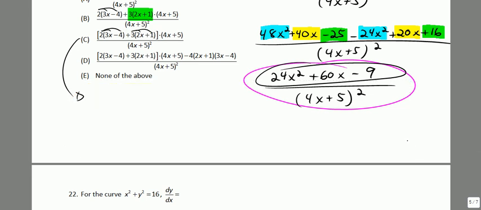But just to show that I'm not being lazy about it, I'm going to work out D real quick. So this piece in yellow is going to become, let's see, 6x's and 6x's, you'd have 12x minus 8 plus 3 is a minus 5. And that's multiplied by 4x plus 5.